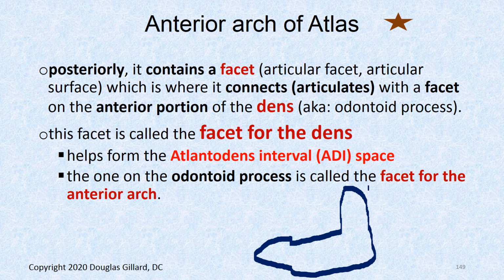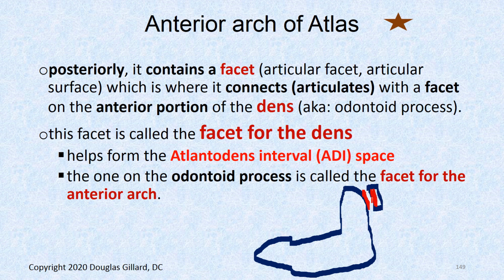And here's the anterior tubercle of atlas. There is a facet here. There's a pad of articular cartilage right there, and another pad of articular cartilage on that anterior arch itself. So this one would be called the facet for the dens, and this would be called the facet for the anterior arch of atlas.